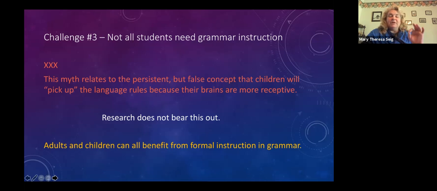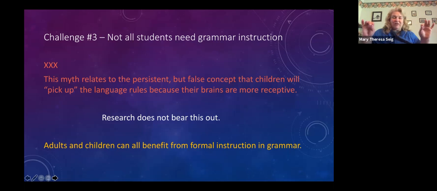Both adults and children can benefit from formal instruction in grammar. Do children have more receptivity? They do in their brains. However, what the adults have is more cognitive maturity. And so the research has shown, and everyone has an example and everyone has a story, right?